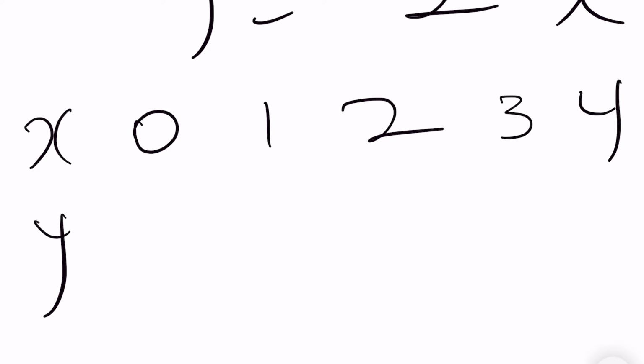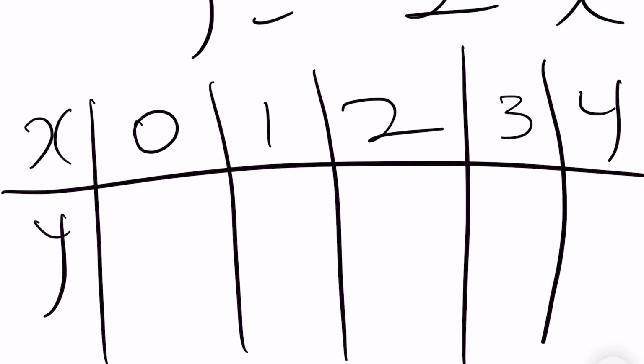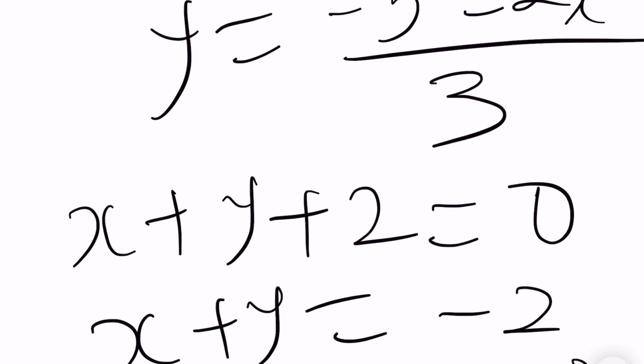So for the first one, for our y, we have minus 5 minus 2 times 0. That is 2 times 0 is 0.